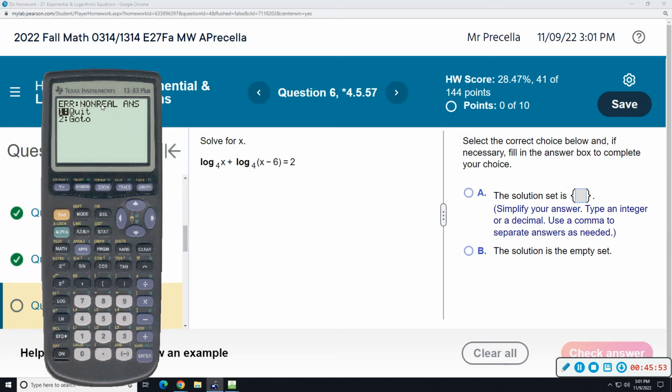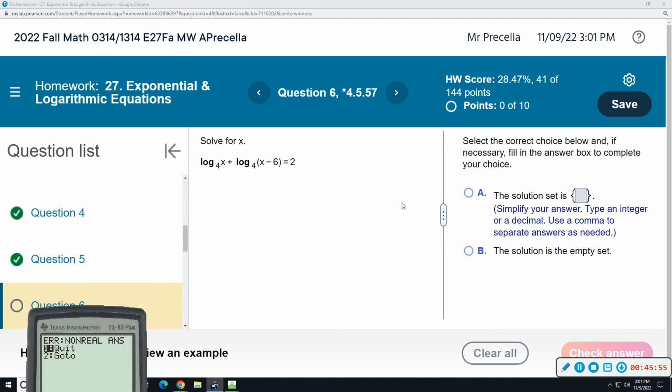Number 6. Log base 4 of x plus log base 4 of x minus 6 equals 2.